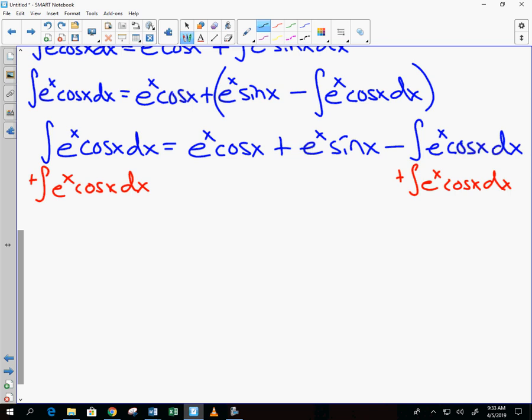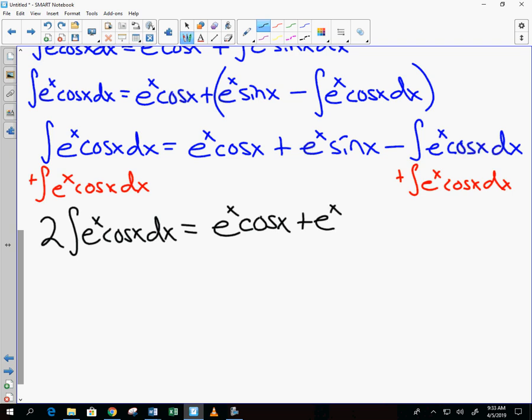Oh my gosh. So how many of these do you now have? 2 times the integral of e to the x cosine of x dx. So no, they don't go away. They double. It's literally what you were trying to say. Okay, thank you. Sorry for not giving you credit.